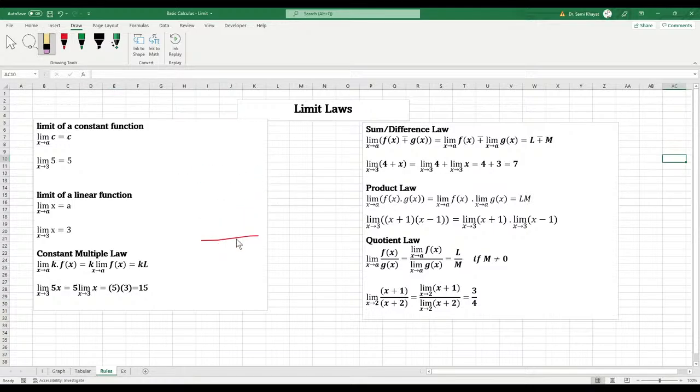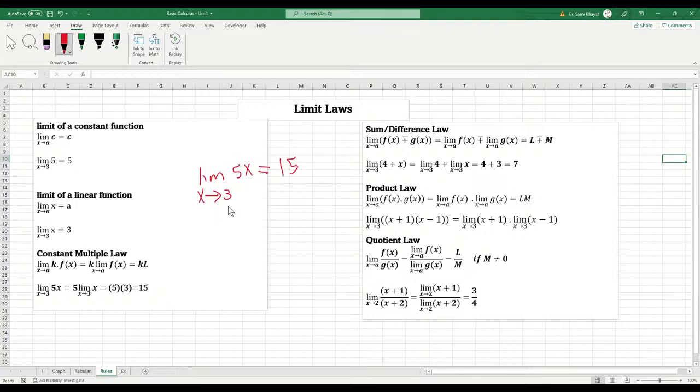That's the second rule. The other rule says if the function is multiplied by a constant, you can take the constant outside the limit. For example, let's say I have the limit of x approaching 3 of 5x. If you find this one, it will be 15.